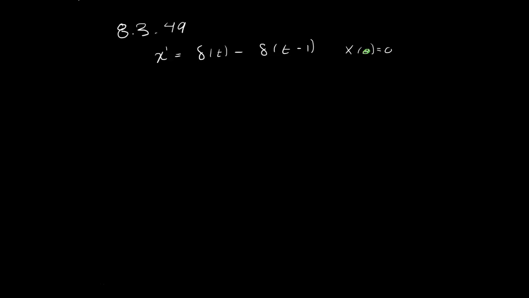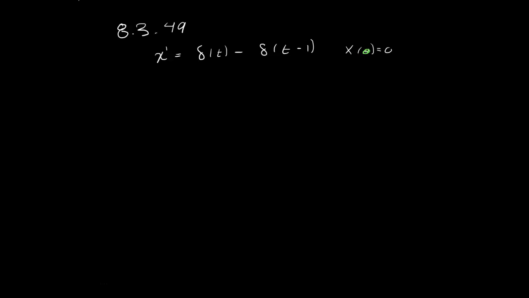Okay, so the initial position is the origin, say, and you immediately apply this unit impulse at that moment. And then you subtract it off a second later. And so we'll see what this will look like and see if that makes sense for our intuition.